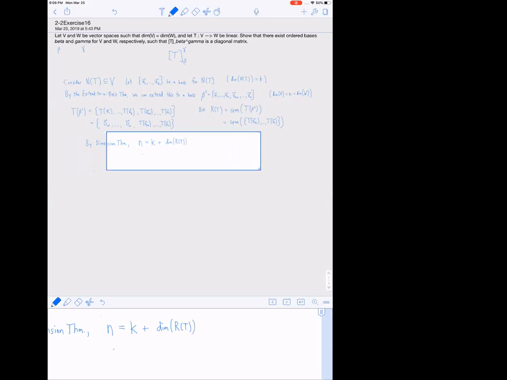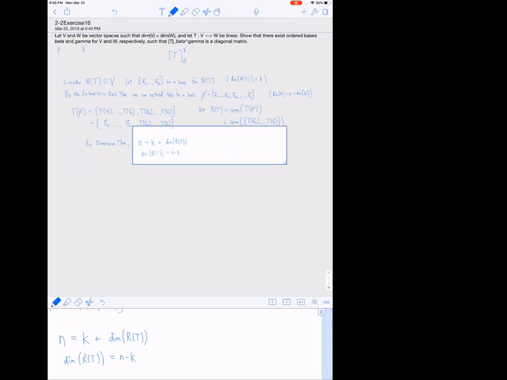So in other words, the dimension of the range is equal to N minus K, which is the size of the set T of Vk plus 1 up through T of Vn.